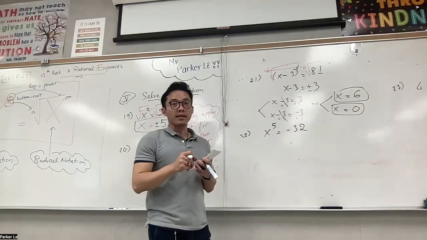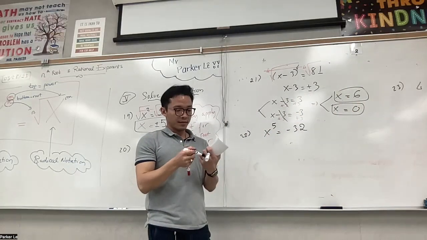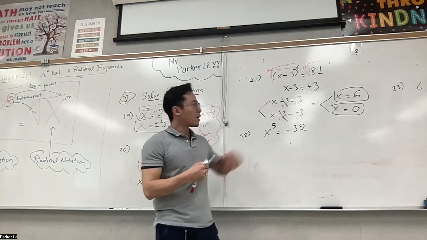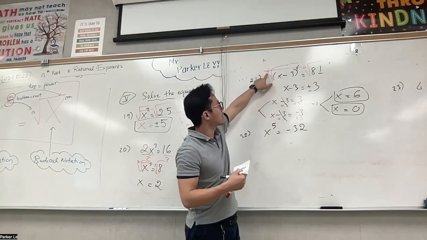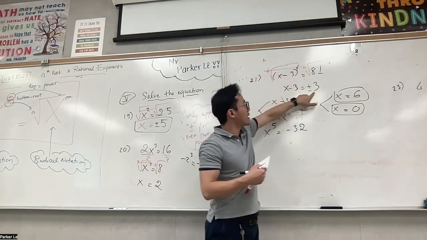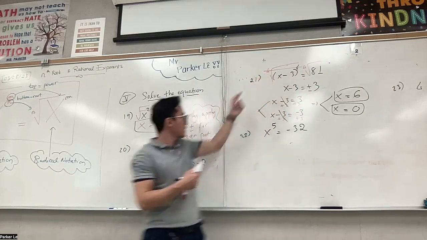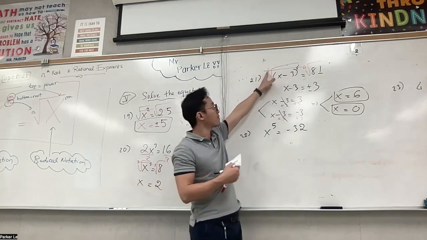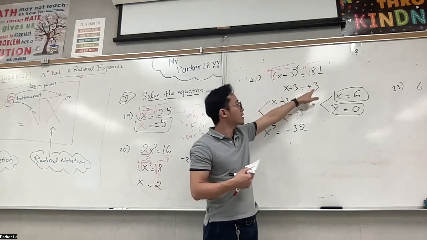Any question? Let me know. Again, I'm taking the 4th root to cancel the 4th power, and the 4th root of 81 is 3, okay? But because this is an even root, I apply plus and minus. 4 is even, so that's why I have plus and minus.